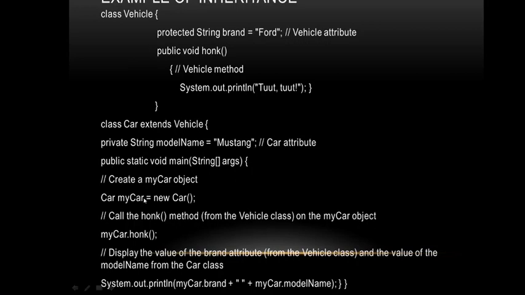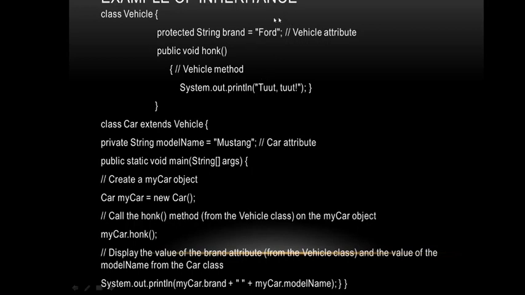Then the main function is there. We have created this myCar object, new Car. Then we are calling myCar.honk. That means this member method is called using the object. Then System.out.println myCar.brand.